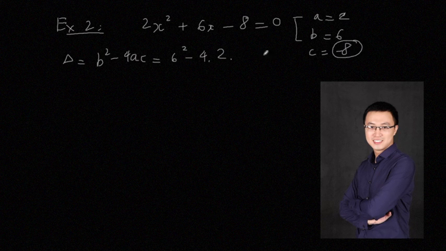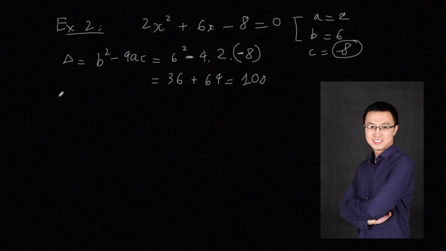Look at c. c is minus 8. So when you take c here, you have to take minus 8, and you have the right answer: 36, you got the minus on the outside, and you have the minus in the previous 8. So minus and minus, you get plus, and 36 here, and 100 is the delta.